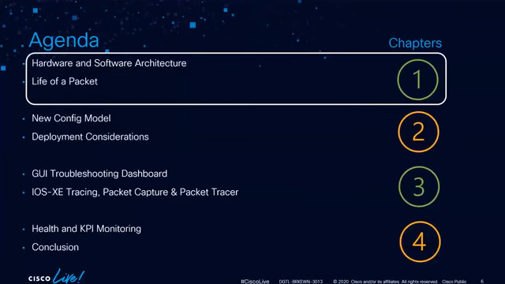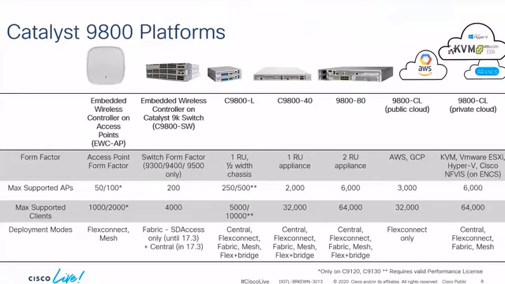Now let's get into the architecture. As some of you might know, the 9800 is available in multiple form factors. A 9800 can be deployed on top of an access point, or on a Catalyst 9K series switch. It is also available as appliances, and it can be virtualized either on a private cloud environment like KVM or ESXi or Hyper-V, or it can be deployed on public cloud environments such as Amazon Web Services or Google Cloud.